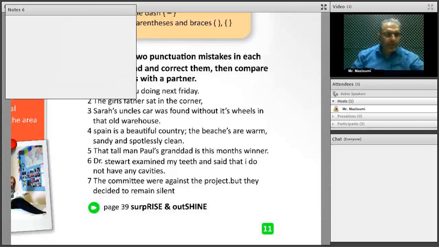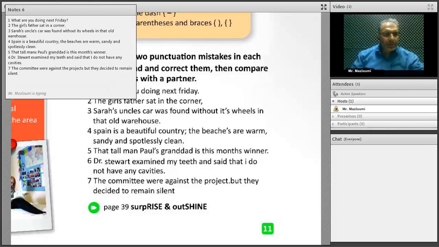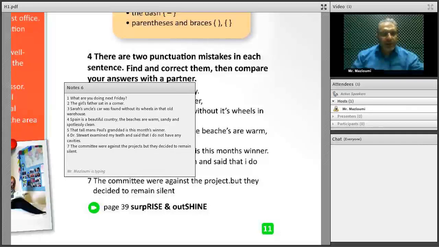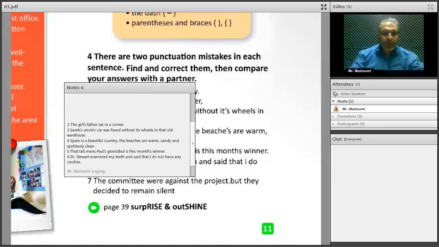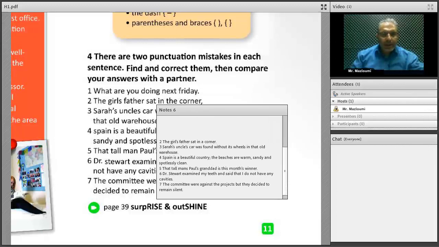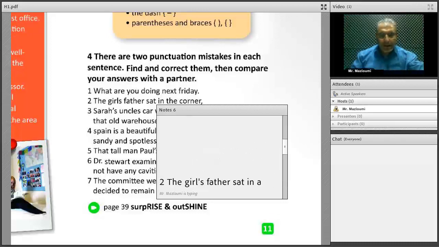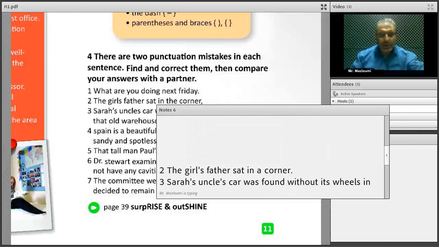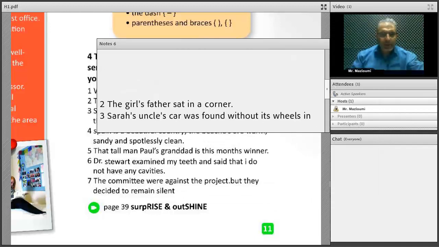So number 1, you need to capitalize Friday and add a question mark. Yes, so capitalize Friday. What are you doing next Friday? And add a question mark to the end of the sentence. All right.